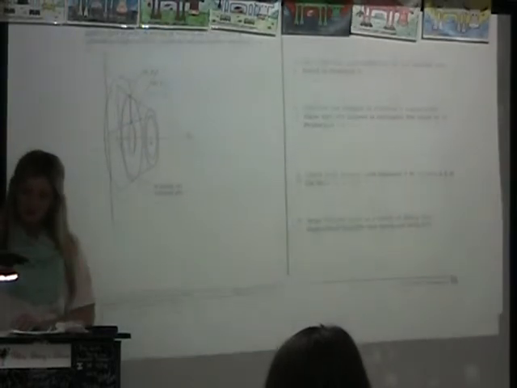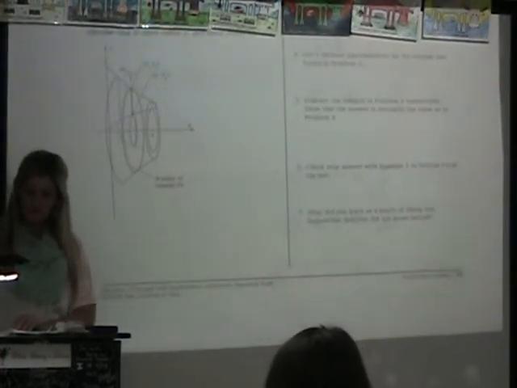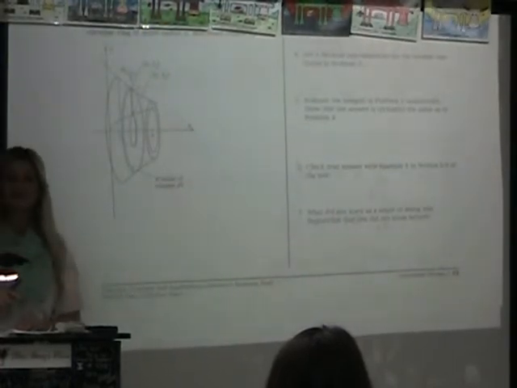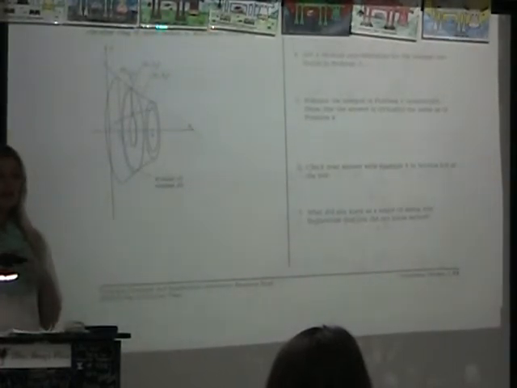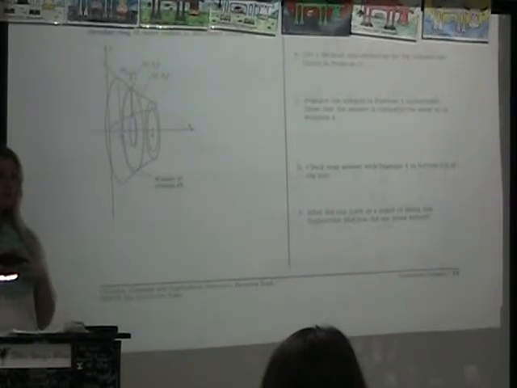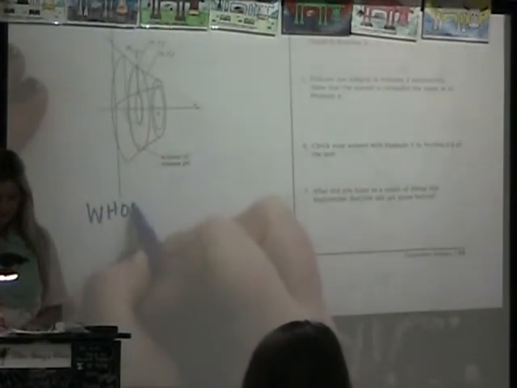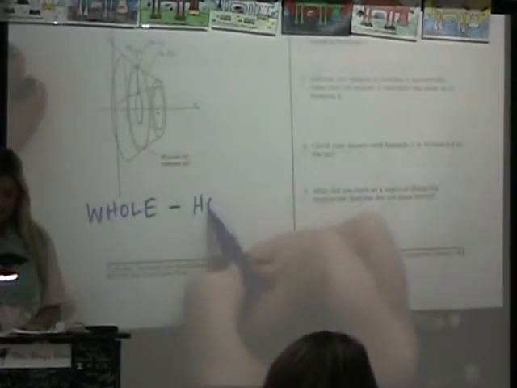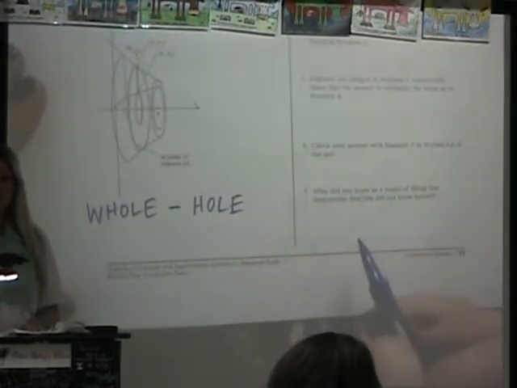Now, one thing we're going to have to think about when we find the volume of this solid is we're going to take the whole, W-H-O-L-E, and we're going to subtract off the hole, which is H-O-L-E.